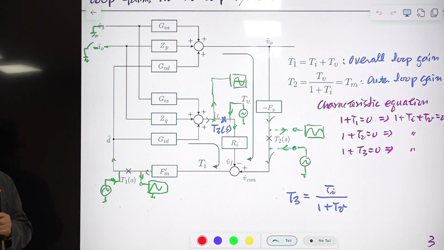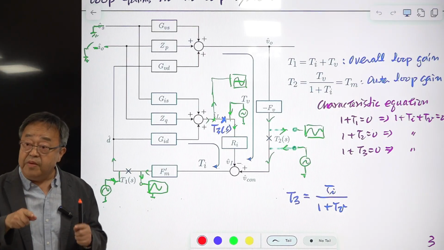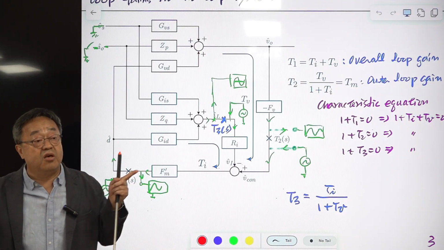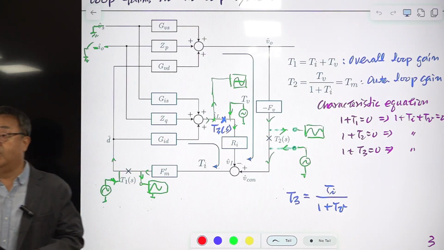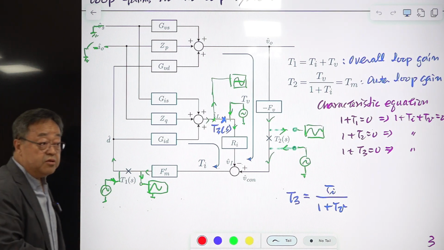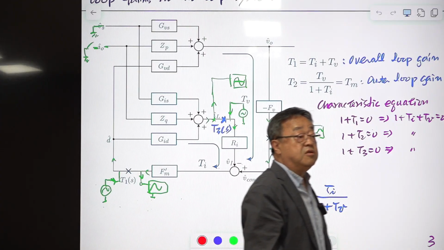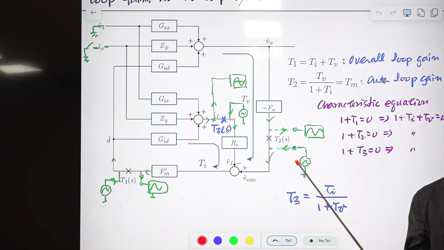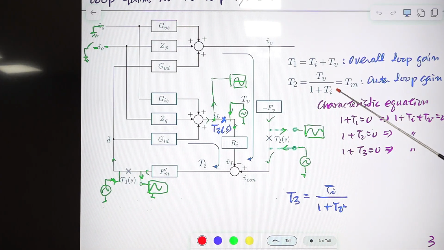If there is one system, there is only one characteristic equation, and the root of the characteristic equation is called eigenvalue, pole, natural mode, which determines stability of this system. So for T1, 1 plus loop gain equals 0 is the characteristic equation.